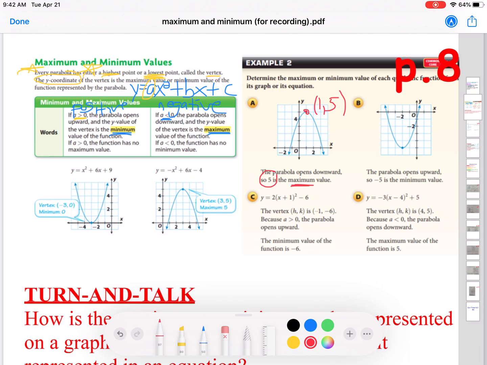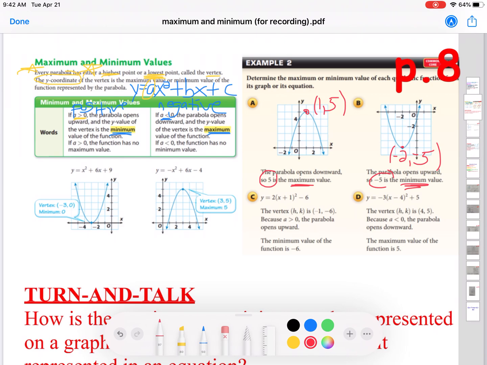In example B, this time our vertex is (-2, -5). But this time our parabola is opening upwards, which means we have a minimum because that's our lowest value. And again, it's the y-coordinate of -5. So in example A, the largest y value we have is 5. That's our maximum. In example B, the smallest y value we have is -5. So that's our minimum.